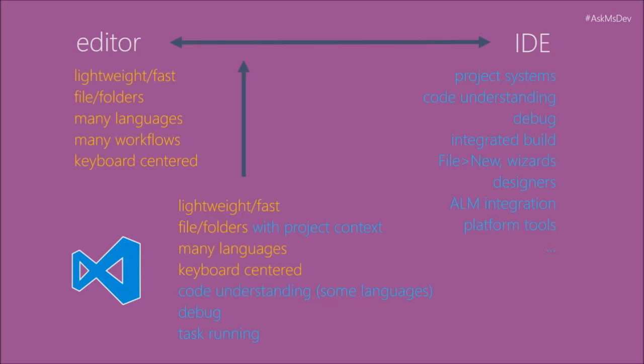But on top of that, you can see the mix between the nice attributes of an editor combined with all of the nice-to-haves that you have in an IDE. So you're working on individual files or folders, but you still get some project context. This project context will help you have a better code understanding, and we'll see that in the demos with the support for languages and keyboard-centric support.